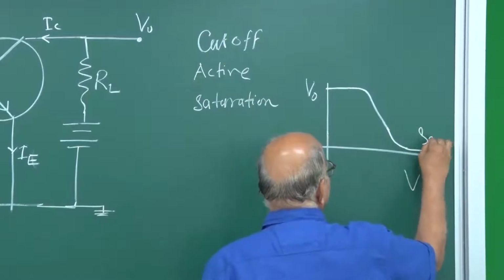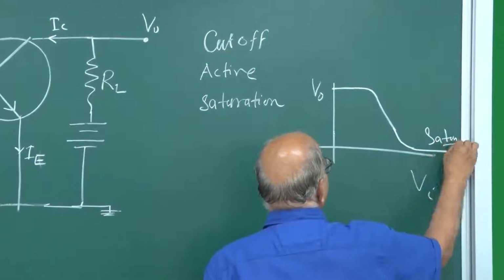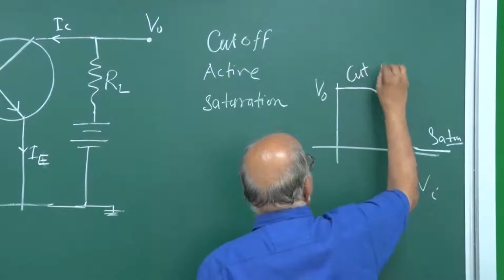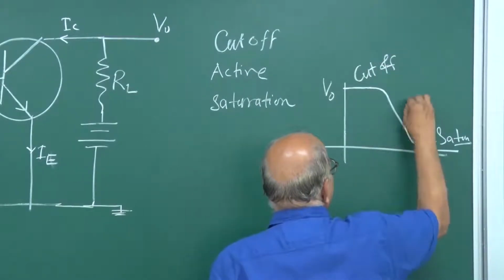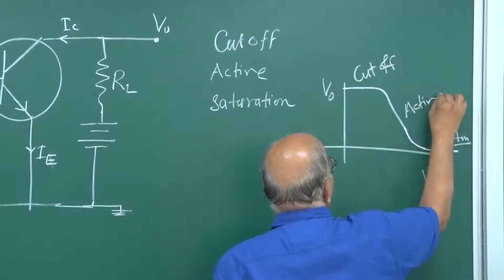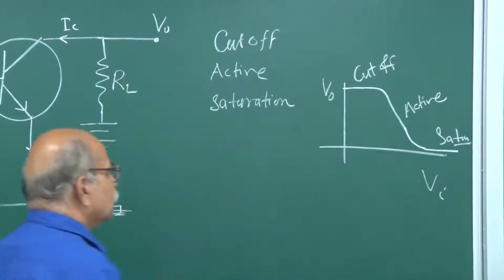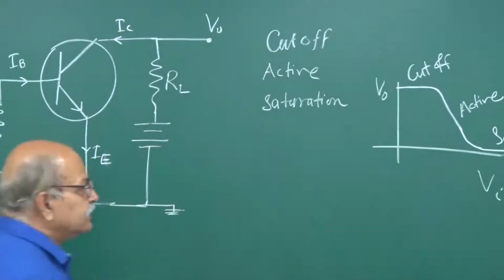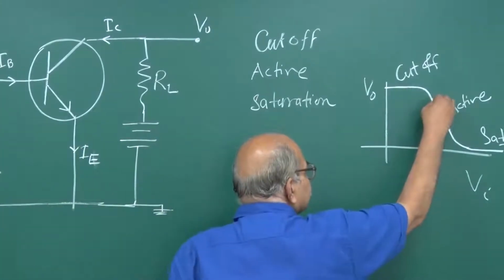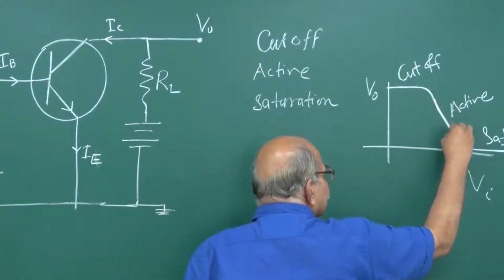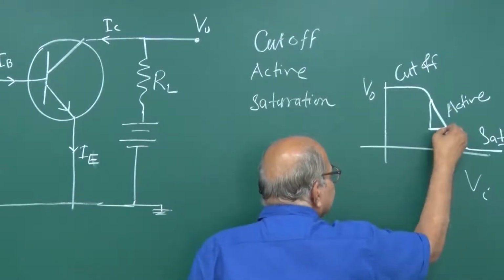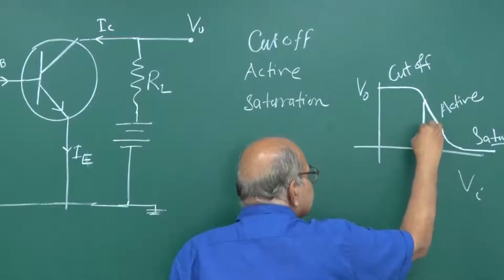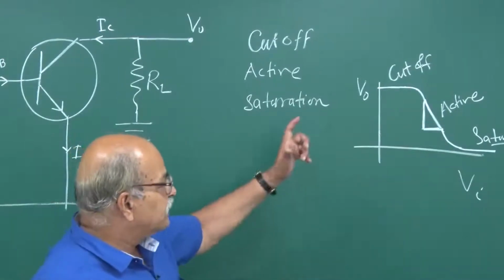So this is saturation region, this is cutoff region, and then this linear part is active region. These are the things. This we talked. And then in the active region, in this the linear region, if you increase VI, then this VO decreases, but there will be an amplification.